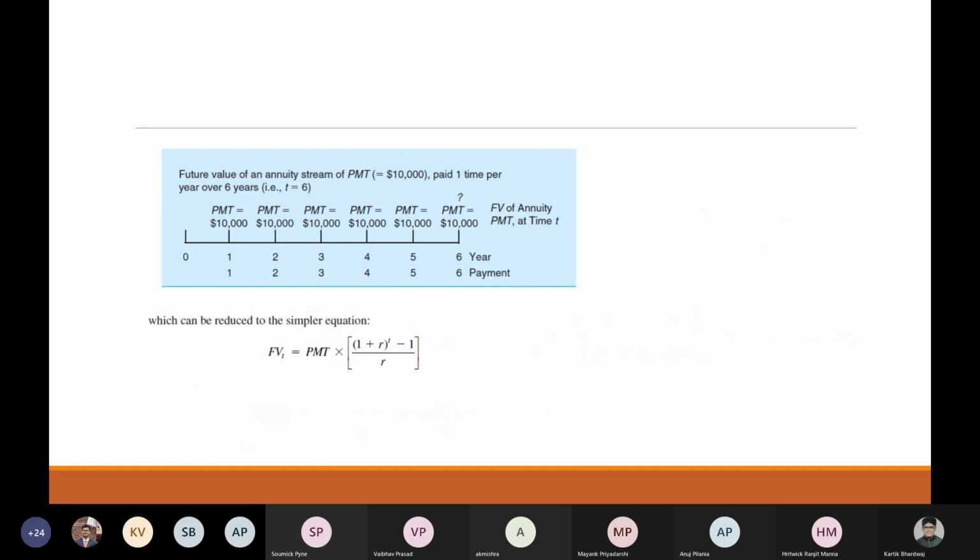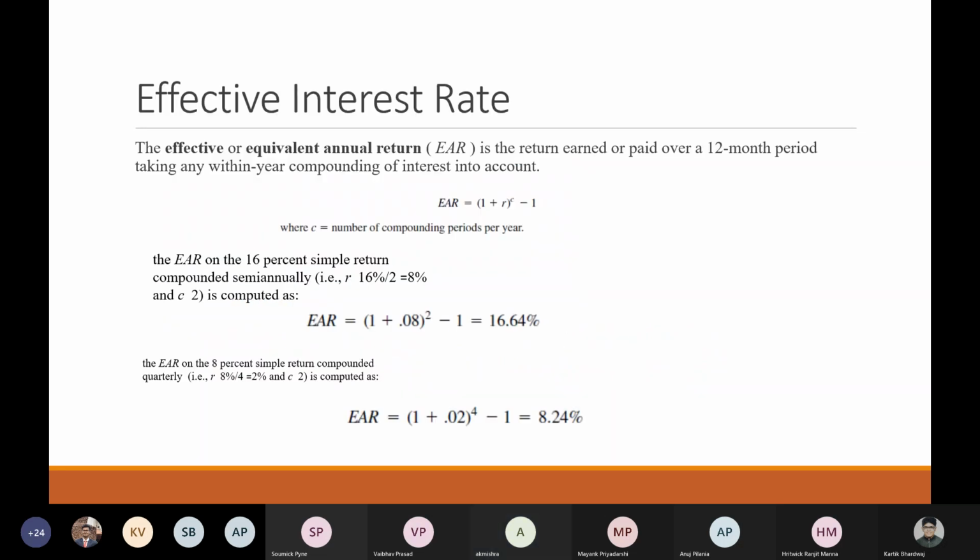So here this is future value, so we can write, already we have seen, 1 plus r to the power t minus 1 upon r. Most of you, those who have done certain courses in finance or accounting, must be aware of all these concepts.